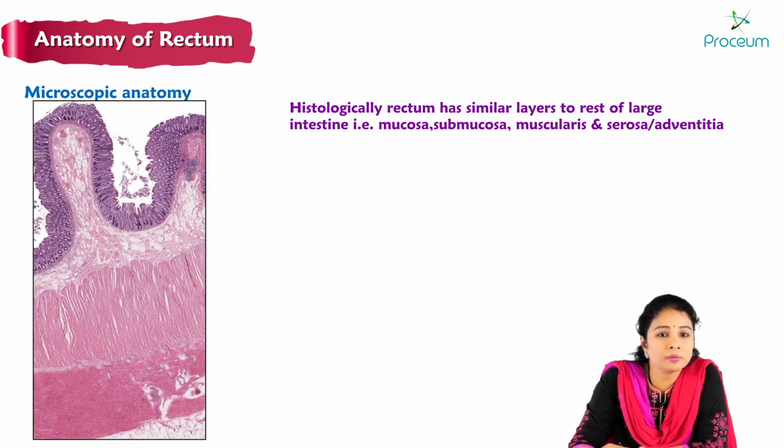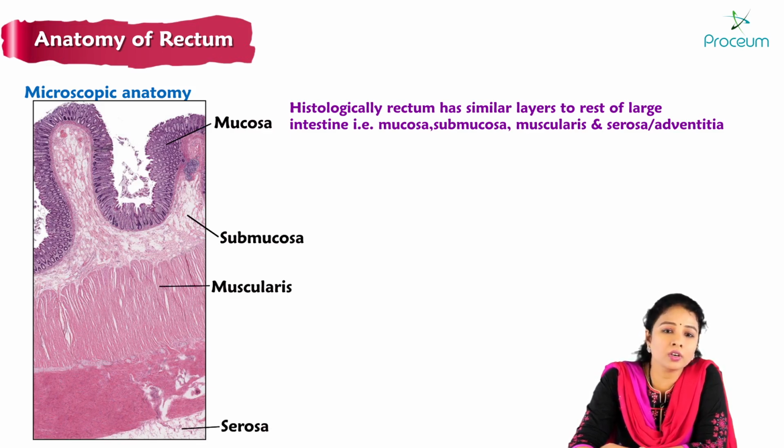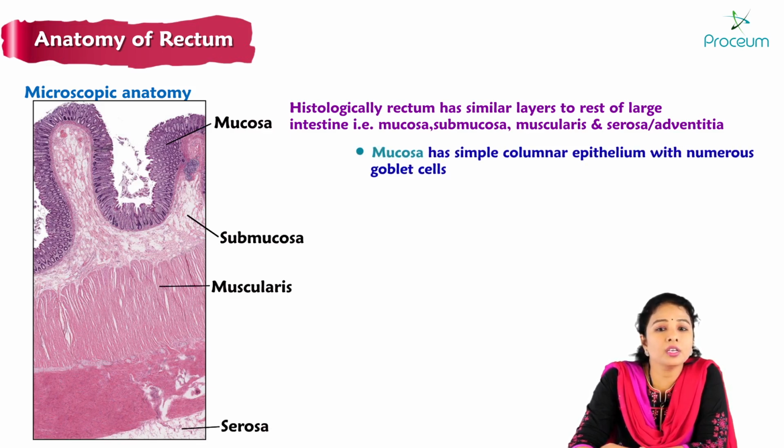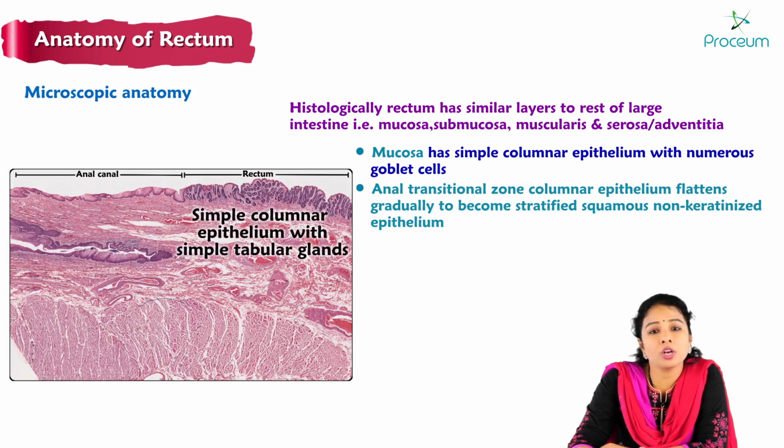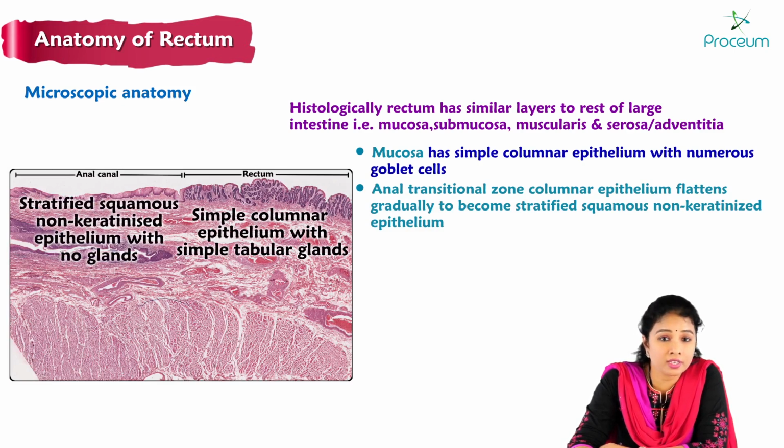Histologically the rectum has similar layers as the rest of the large intestine, like mucosa, submucosa, muscularis and serosa or adventitia. The mucosa has a simple columnar epithelium with numerous goblet cells, and at the anal transitional zone, the columnar epithelium flattens gradually and becomes a stratified squamous non-keratinized epithelium.